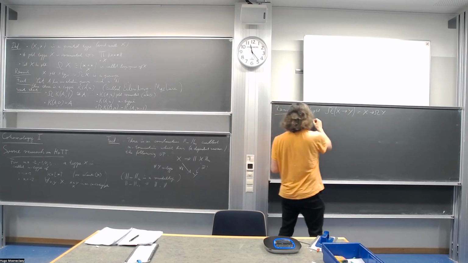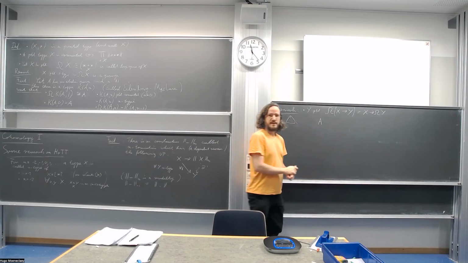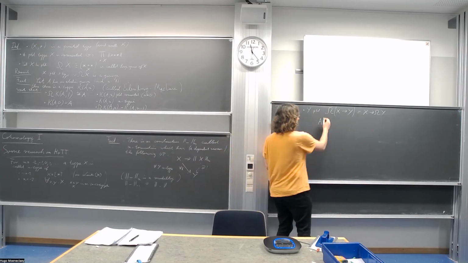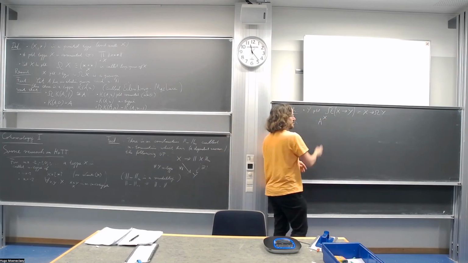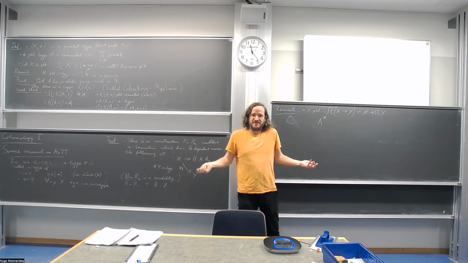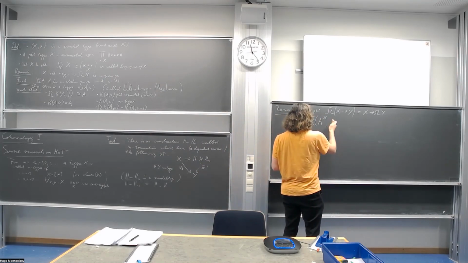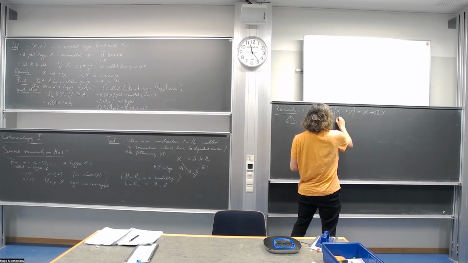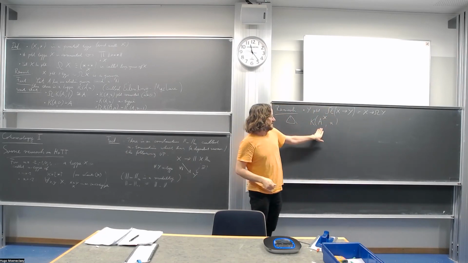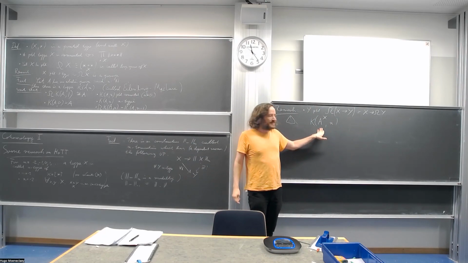So if you have a group and some type, you can look at maps from X into this group, and it's a group again, just by pointwise structure. So you can ask what happens if I deloop this, or if I build the Eilenberg-MacLane spaces.